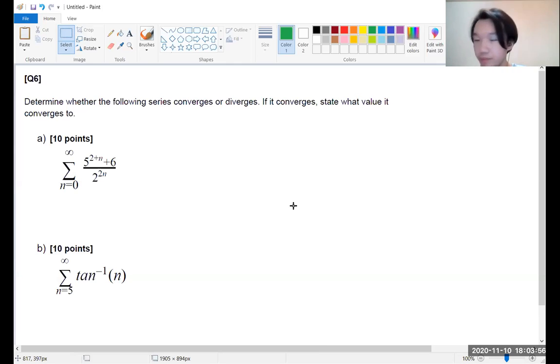All right, so here's question 6. Let's read the directions. Determine whether the following series converges or diverges. If it converges, state what value it converges to.